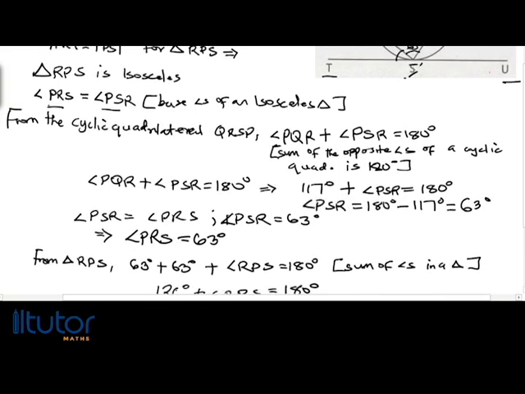And remember that we said RPS is equal to RST because they are angles in alternate segments. So RST is equal to RPS, which we have gotten to be 54 degrees.